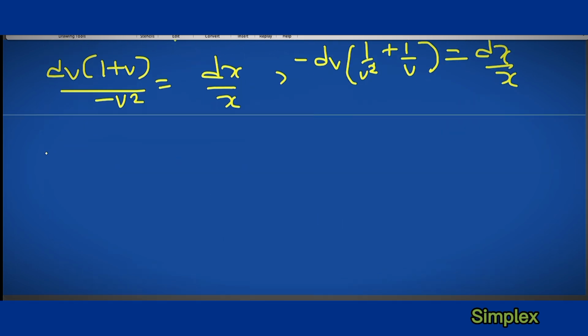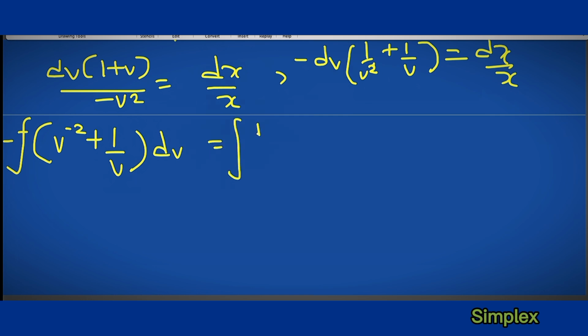To simplify this, we're going to take the integral of both sides. That's going to be minus outside. We'll be left with the integral of (v raised to power minus 2 plus 1 over v) dv is equal to the integral of dx over x.